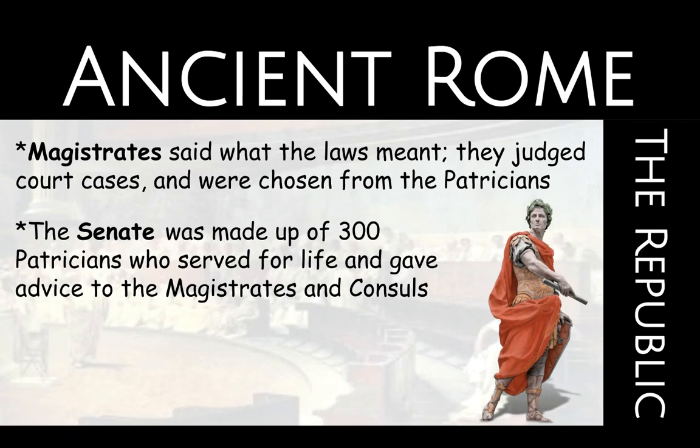They served for life, and their job was to give advice to the magistrates and the consuls. So one thing you should already have noticed, that those who really had the most power in the Roman government were the wealthy patricians.